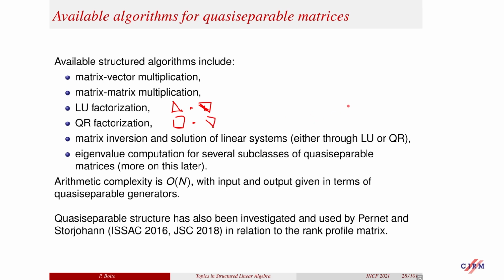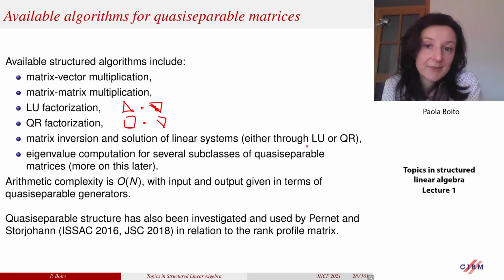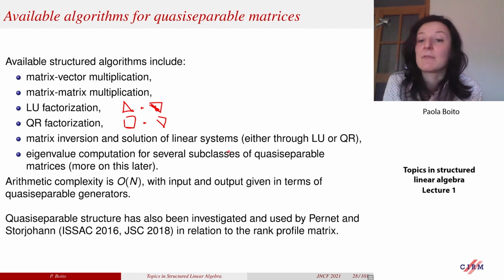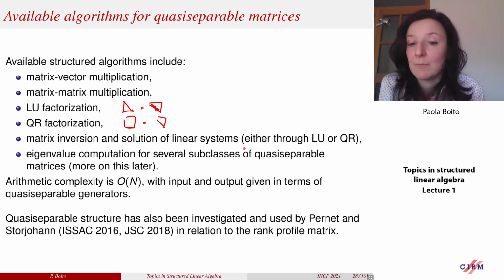Matrix inversion and solution of linear systems is, once we have LU or QR and we know how to invert triangular matrices, comparatively easy to do. And there are also algorithms for eigenvalue computation concerning several subclasses of quasi-separable matrices. And we're going to talk about this more in a moment.